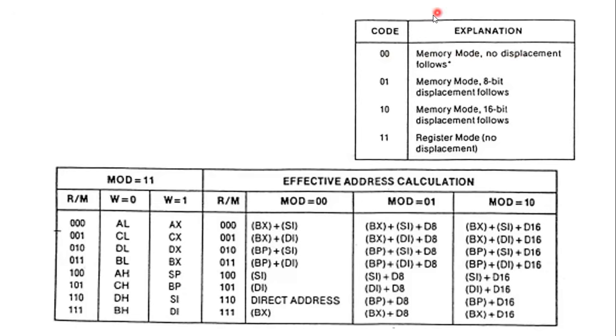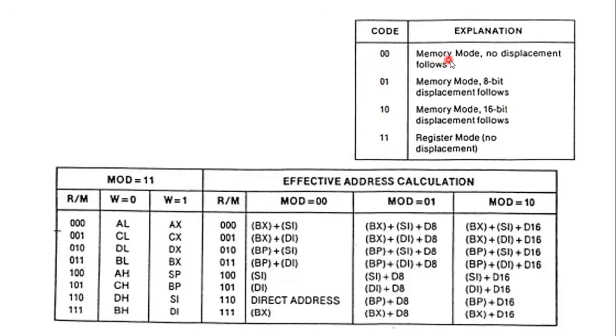First of all, this is the explanation for the memory mode or r/m. We know that there are two related fields, r/m, which is register/memory, and it is related with this mode field, right? So mode is a 2-bit field, so it can be 00, 01, 10, or 11.